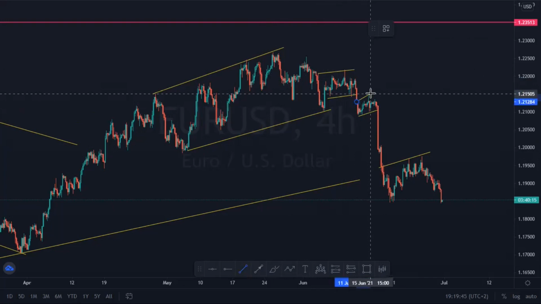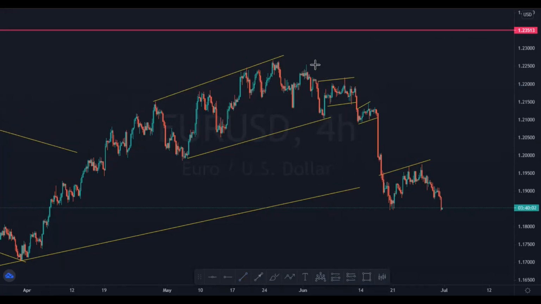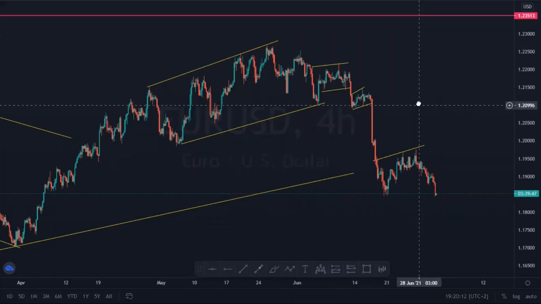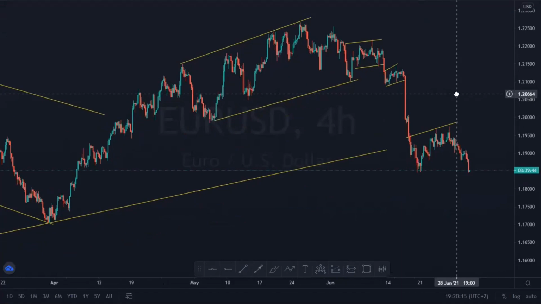This way of trading needs patience, guys. If you're not patient enough, you'll end up placing trades in the wrong positions, in the wrong places.